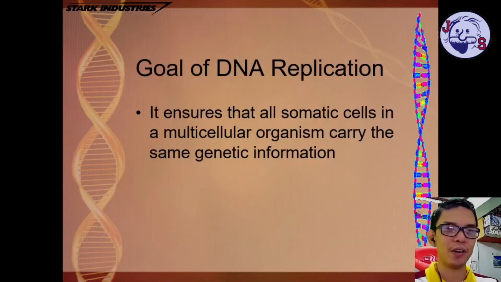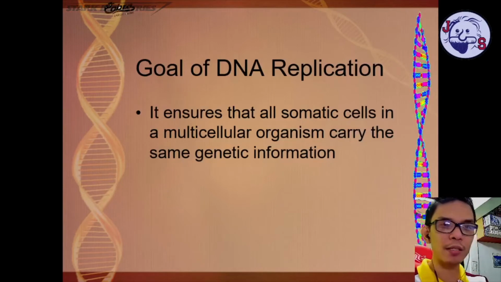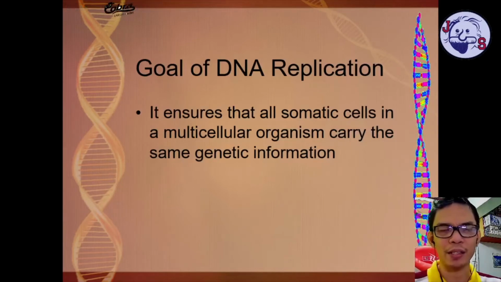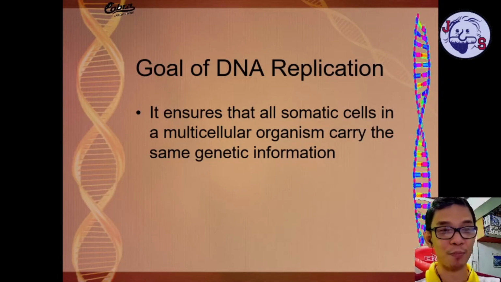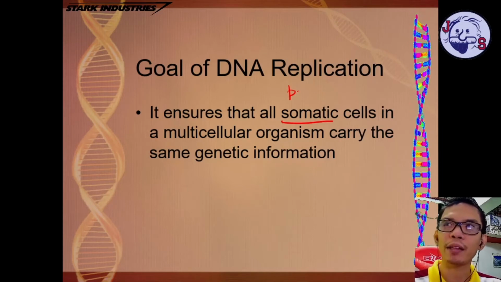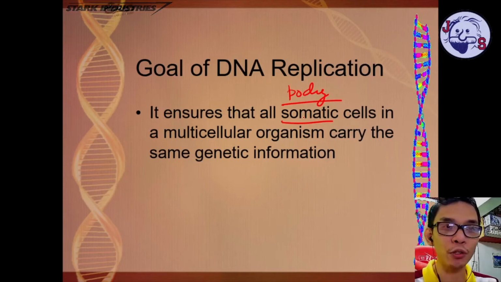Now let's discuss the goal of DNA replication. The goal of DNA replication is very simple: to make all somatic cells carry the same genetic information. That's all. So what are these somatic cells? These are body cells. When we talk about body cells, it doesn't include the egg and sperm cells because they are gametes.